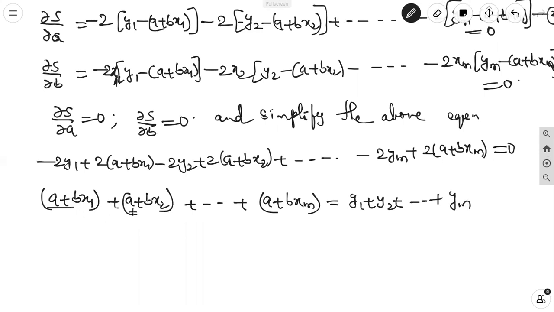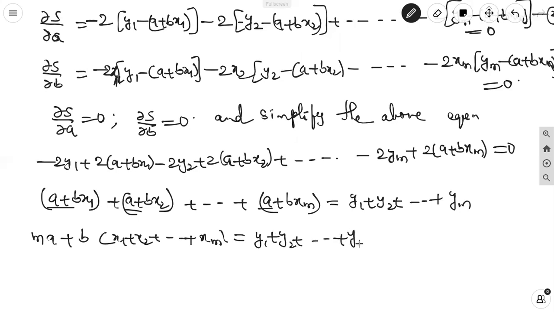How many a's are there? m. So m into a plus b into x1 plus x2 plus so on plus xm equal to y1 plus y2 plus so on plus ym. It can be written as ma plus b summation i equal to 1 to m xi equal to summation i equal to 1 to m yi. It is the fifth equation.